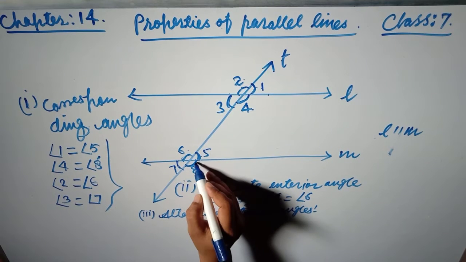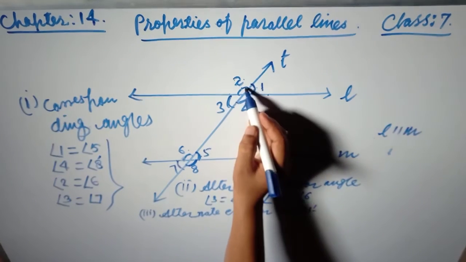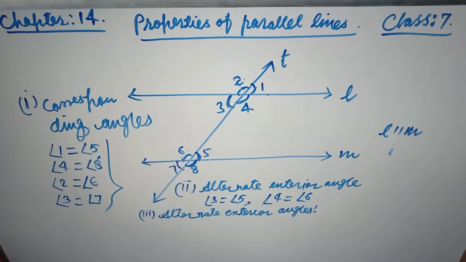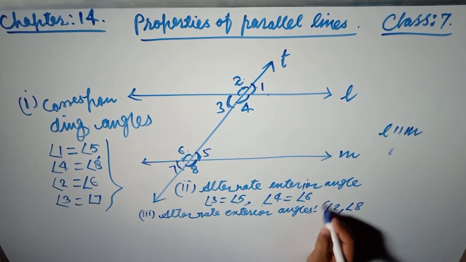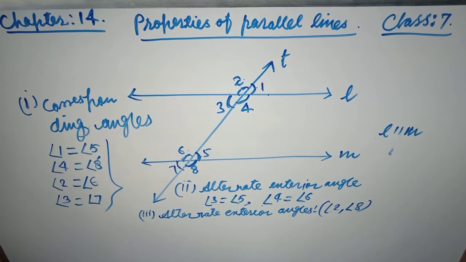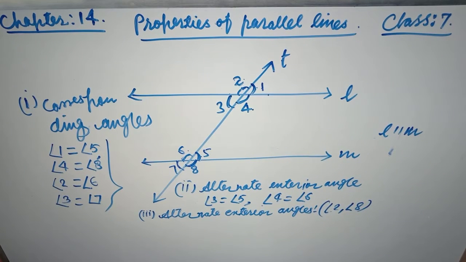Look at this, this is angle 8 and this is angle 2. So here, alternate exterior angles are angle 2 and angle 8. Angle 1 and angle 7 are also exterior angles.